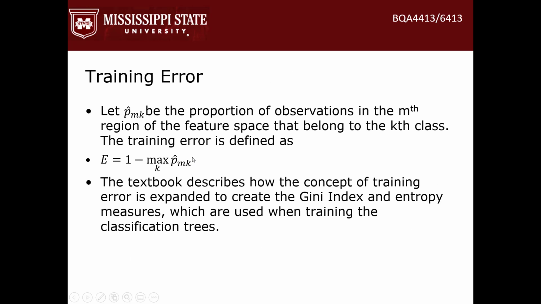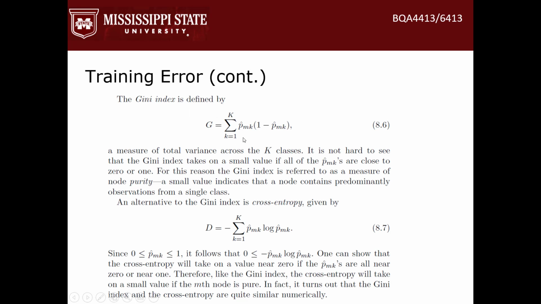I've already explained the training error. Now, this is a little bit beyond what we're going to be doing, but the idea is across all the classes, we want our probabilities to be close to 1 or close to 0. So with this equation here, if my probabilities are either 0 or 1, say we have a 0 here and a 1 here, then this is going to be very low.